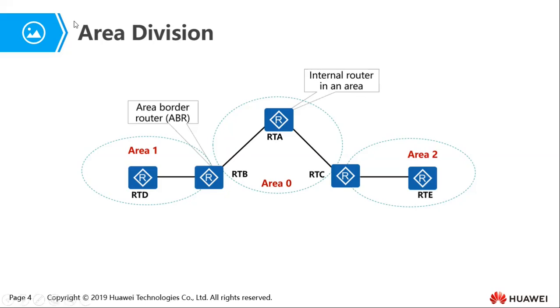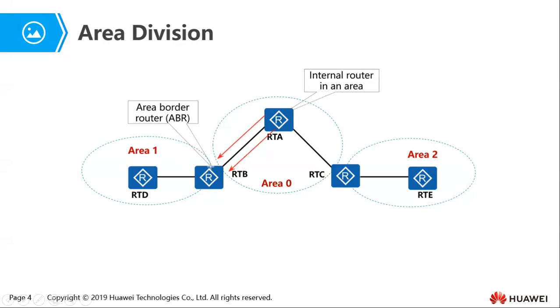Now, something else to add. For example, this internal router, it will produce a type 1 or a type 2 LSA. So, number one, it must produce a type 1 LSA, which is a router LSA. Then, if it's the DR, it will also produce a type 2 LSA.